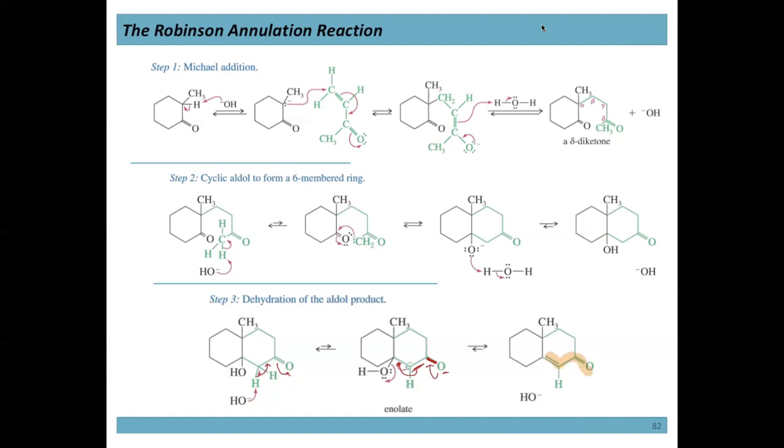So that's one of the driving forces for the intramolecular aldol, is that conjugation, even though we have a poor leaving group.